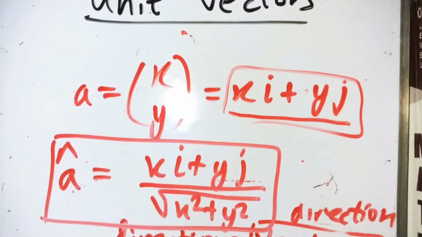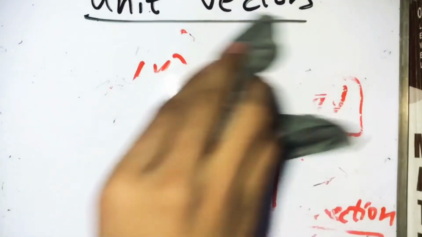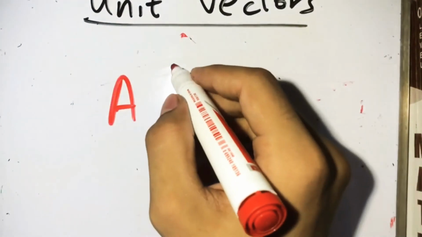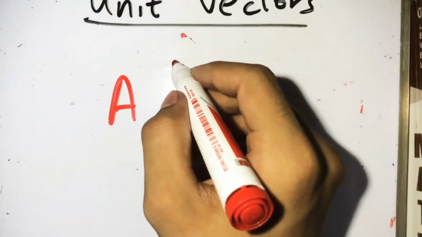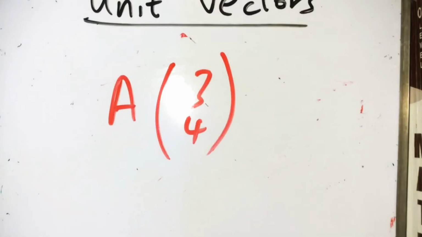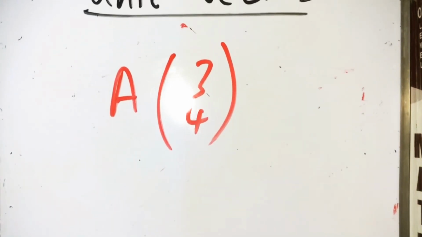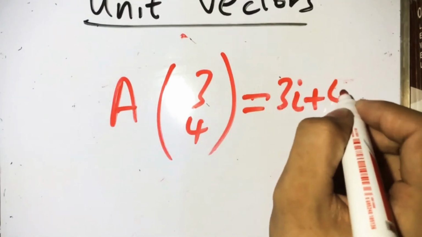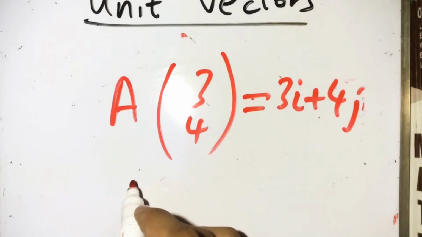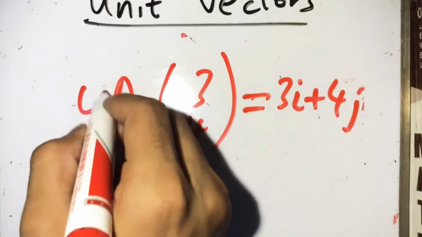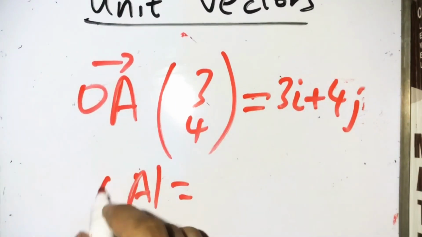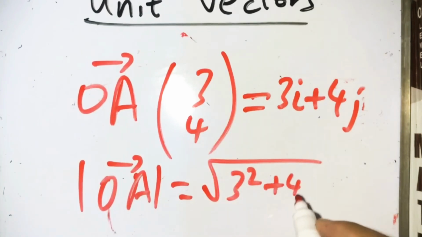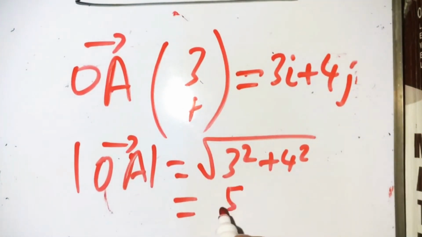Now if we take a question for this, A is a position vector (3, 4). Find its unit vector. Now for the unit vector, we first have to express it in ij form, so this will be 3i plus 4j, and for the magnitude of OA, we'll have under root 3 squared plus 4 squared equals 5.